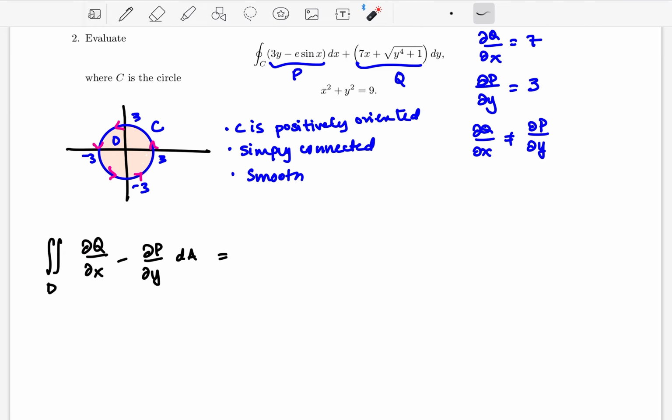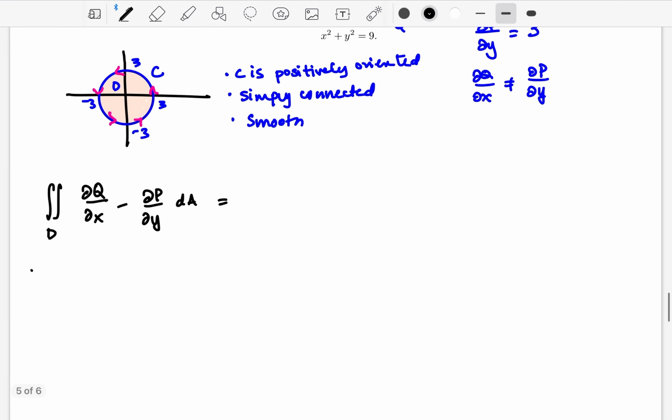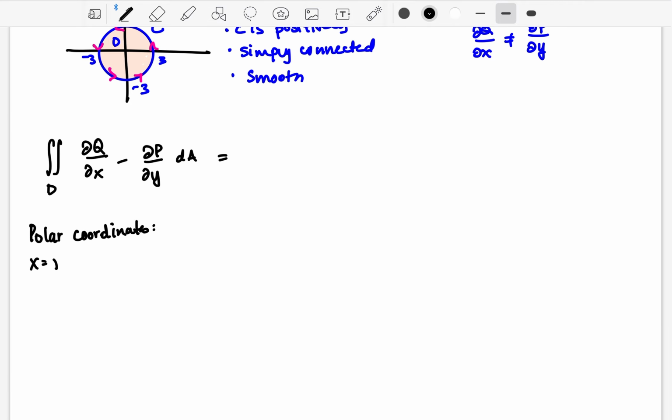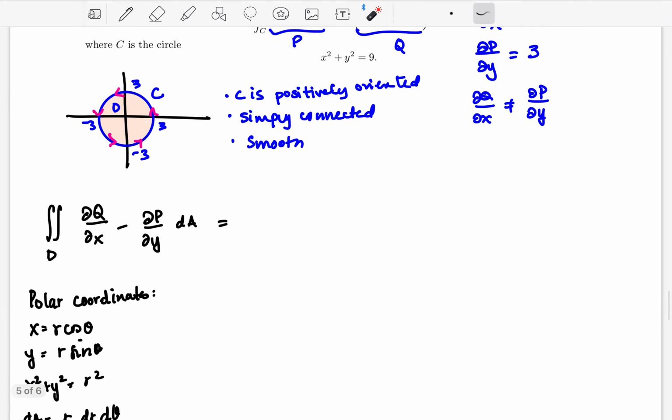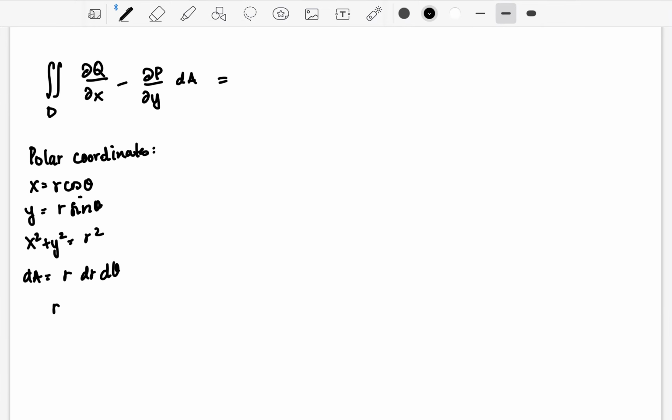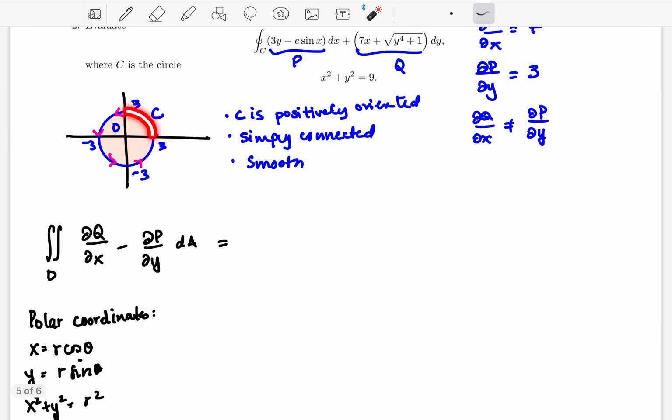I'm integrating over the region bounded by a circle, so I can use polar coordinates. x is equal to r cosine theta, y is equal to r sine theta, x squared plus y squared is equal to r squared. We know that dA is equal to r dr d theta, r goes from 0 to 3, and theta goes from 0 to 2 pi.